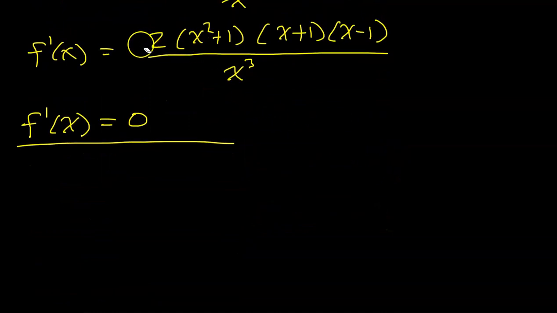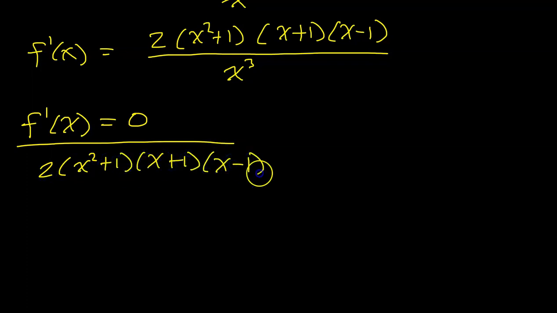Okay, so when you set a fraction equal to 0, the only way that's going to happen is if the numerator equals 0. So really, I'm doing this: 2 times x squared plus 1 times x plus 1 times x minus 1.